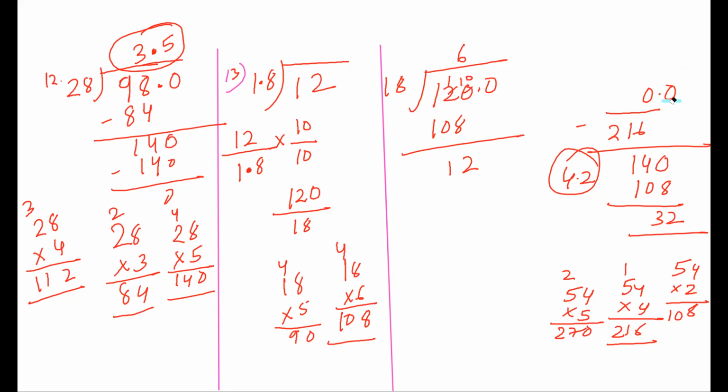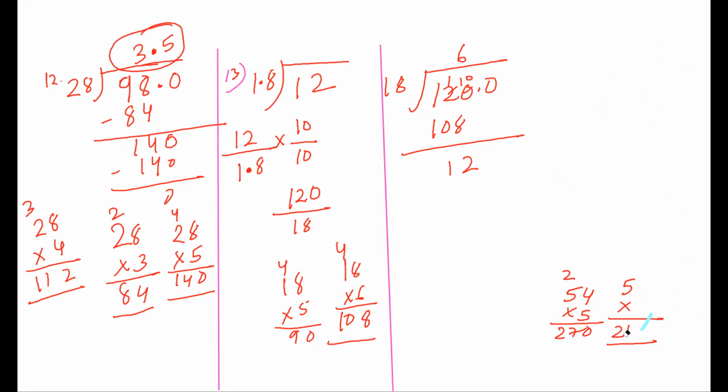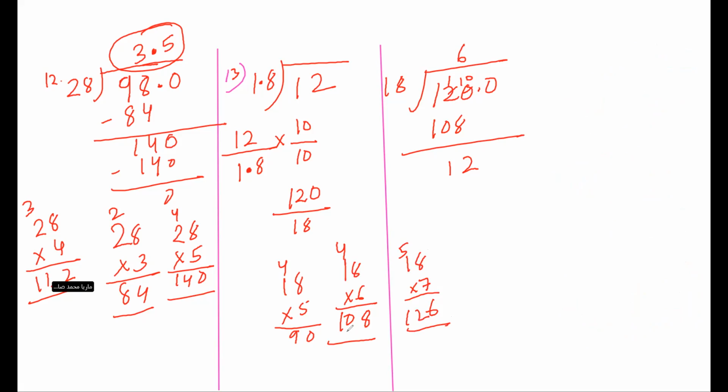Yes, we are doing question 13. 18 and 6, I get 120. Am I sure? 18 times 6, because 18 times 7 goes big, I get 126. That's why I take 108. So I put a 0 down here, and again I put a point, and again a 6, and 108. 12 is remaining. So your answer is 6.6, girls.